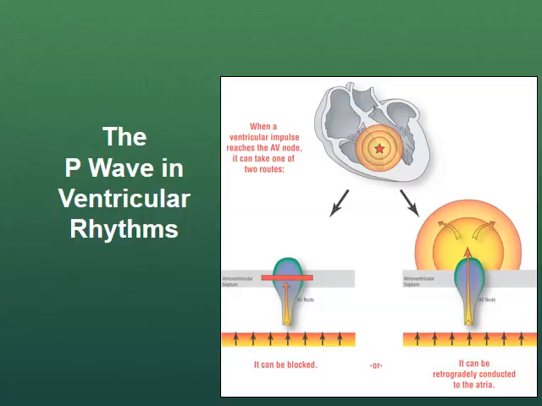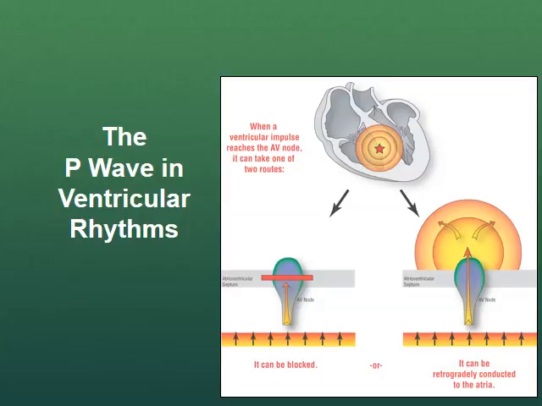Occasionally you can have a P wave in a ventricular rhythm. Not very common though. Whenever you have that ventricular impulse, obviously it's going to retrograde conduct up into the AV node. So there's a couple of different things that can happen.